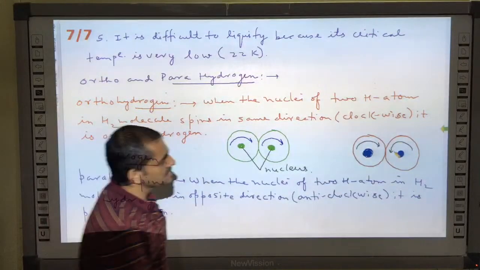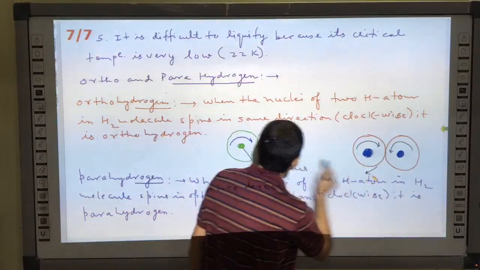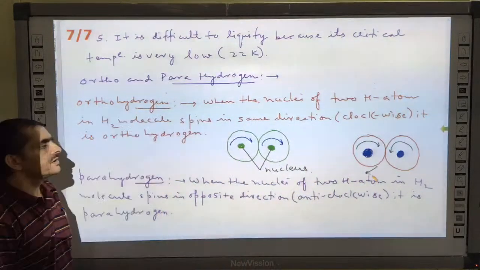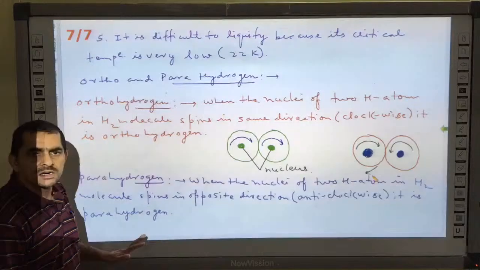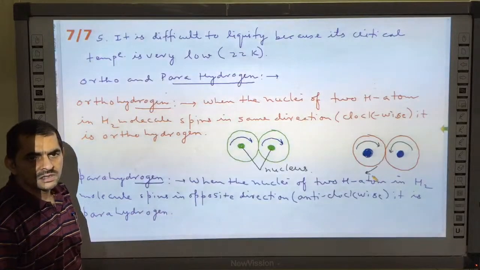Clear? This is parahydrogen. This one was orthohydrogen. This is all about hydrogen.